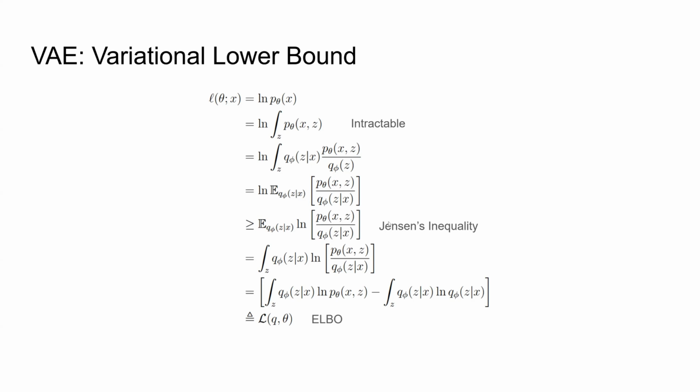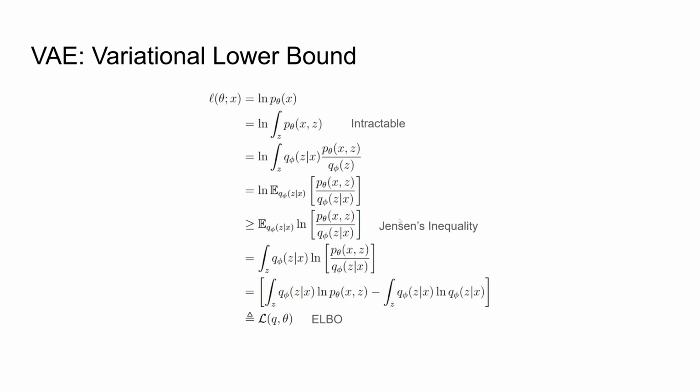According to Jensen's inequality, which basically says that if you have a convex function, then the expected value of the function is smaller than the function applied to the expectation of the distribution. You can look it up.